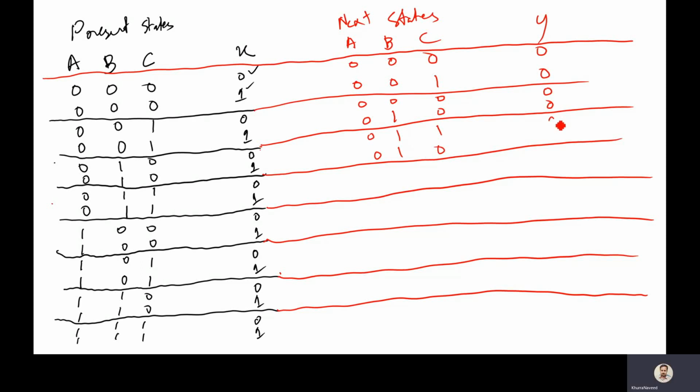In both cases, the output is 0, right? And for our convenience, let's mention this: this is S0, this is S1, S2, S3, S4, S5, S6, and S7.